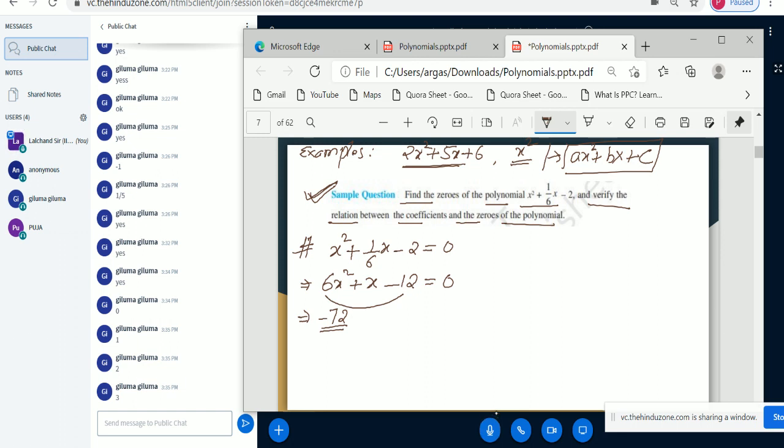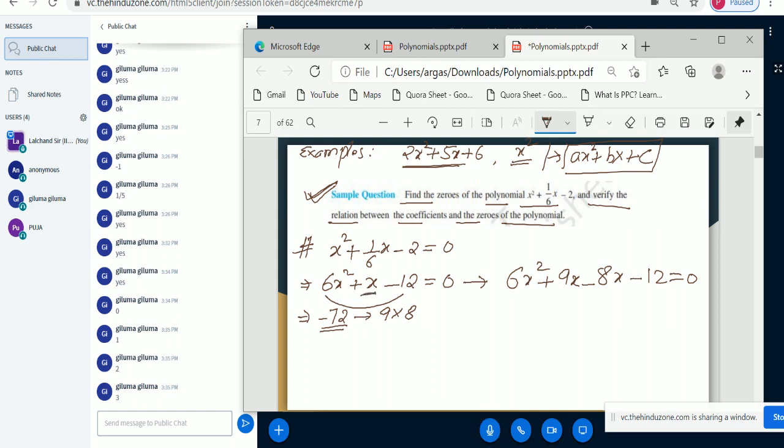Now I have to factorize 72 in such a way that if I add or subtract, I get 1x. So what are the possible factors for 72? 9 into 8. So I can rewrite this equation using the concept of middle term splitting: 9x minus 8x minus 12, because if I multiply these two numbers, I get minus 72. If I add or subtract, I get the middle term.